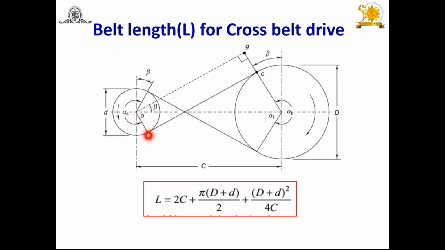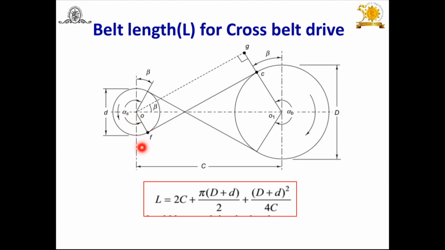Just here we have to construct a line parallel to this FC and draw the perpendicular to it, where it intersects at G. It makes one rectangle, and this distance C to G is equal to the radius of the smaller pulley.